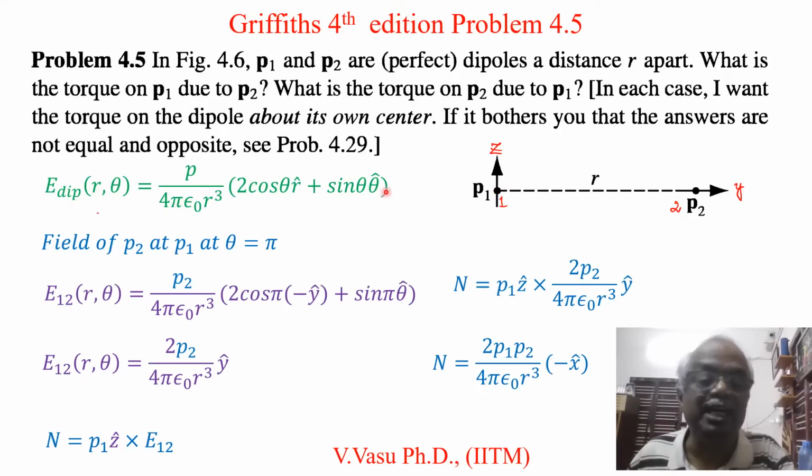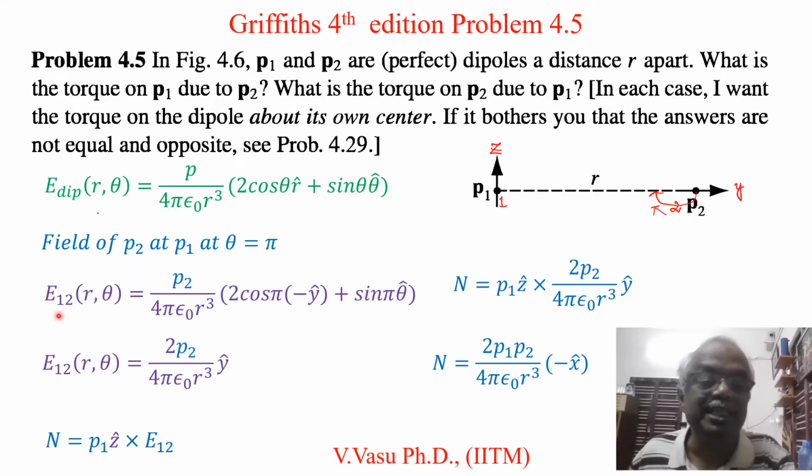What is the theta here? Theta is 180 degrees, from here to here. This line, this is 180 degrees. That is pi. This angle is pi. So at theta equal to pi, now you use this formula.